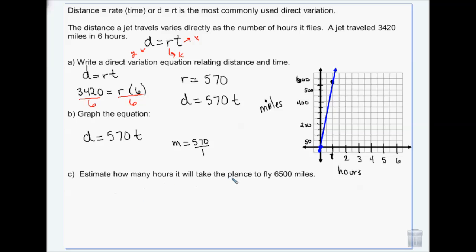To estimate how many hours it will take for the plane to fly 6,500 miles, I'm going to use that same equation. (Okay, there's no such thing as a plants. Well, maybe there is, but they don't fly.)